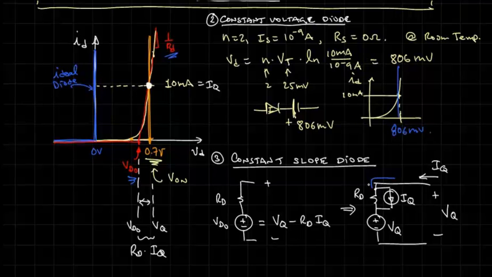We have IQ going in, we have IQ going out, and that means there must be 0 going through here. And if there's 0 current going through RD, then there's 0 volts across it. And so the overall voltage across the Thevenin or the diode terminals is simply the 0 volts across RD plus VQ. So you can draw the model either way.